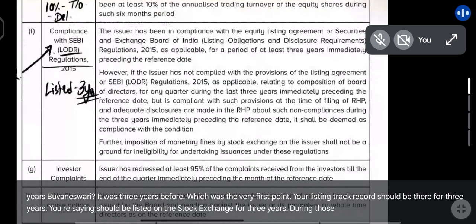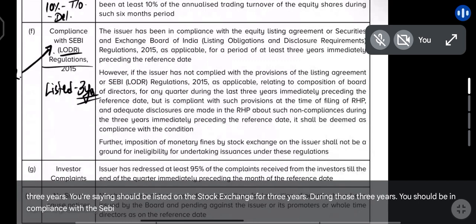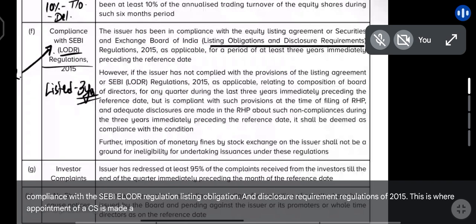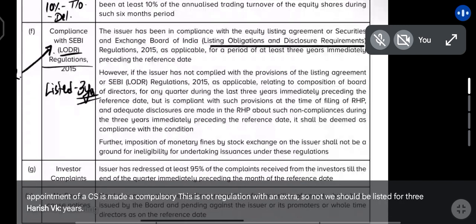During those 3 years, you should be in compliance with the SEBI LODR regulation, listing obligation and disclosure requirement regulations of 2015. This is where appointment of a CS is made compulsory for listed companies. This is that regulation. We'll speak in the next chapter. So not only should you be listed for 3 years, you should be compliant for all the 3 years that you are being listed.